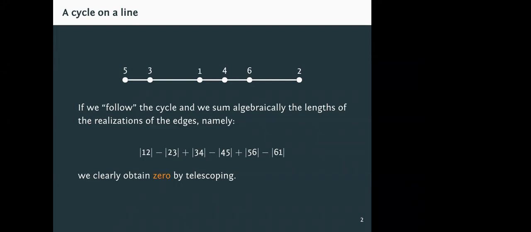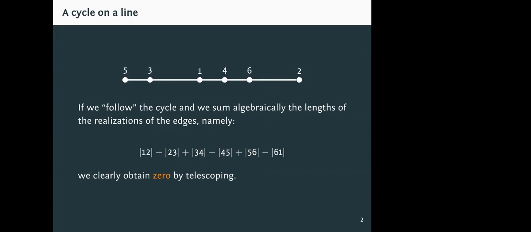and you sum the lengths of the realizations of these edges, giving them, for example, positive sign if you go from left to right, and negative sign if you go from right to left. You see that the edge 1,2 has a positive contribution, while the edge 2,3 gives a negative one.